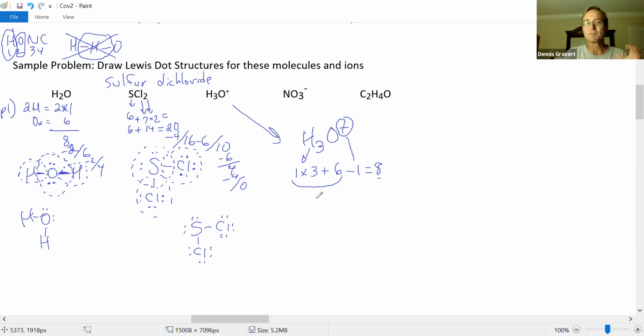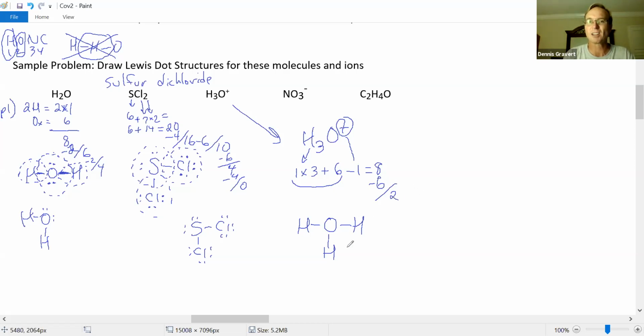Step 2: connect the atoms to a central atom. Well, oxygen makes more bonds than hydrogen, so put oxygen in the middle, hydrogen's around it, and link them. 2 electrons, 4 electrons, 6 electrons. We have 2 electrons left.